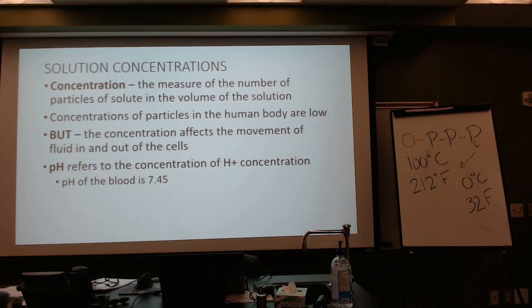Something else with water and these particles and concentrations that is extremely important: pH. Does anybody know what pH actually stands for? Potential hydrogen. The power of the hydrogen ion. Do you know anything about the pH scale?